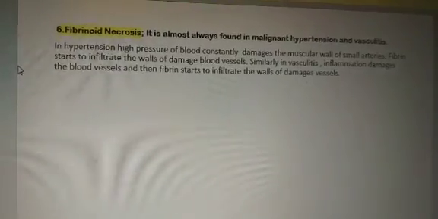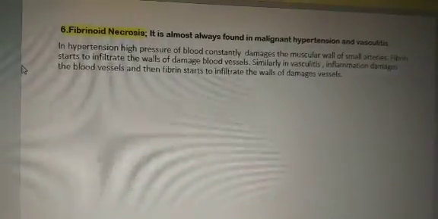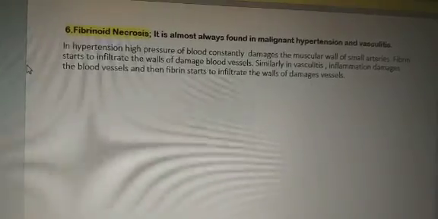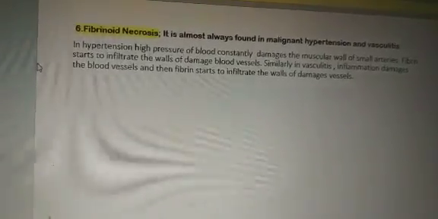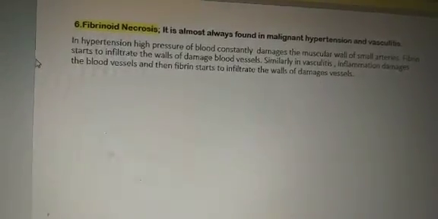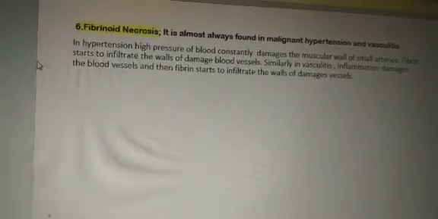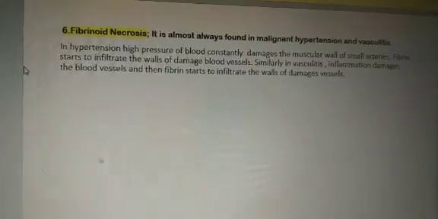And when we see the necrotic tissue under the microscope, we see the fibrin deposits there, and so the name comes from that appearance, fibrinoid necrosis. Okay, that's all.